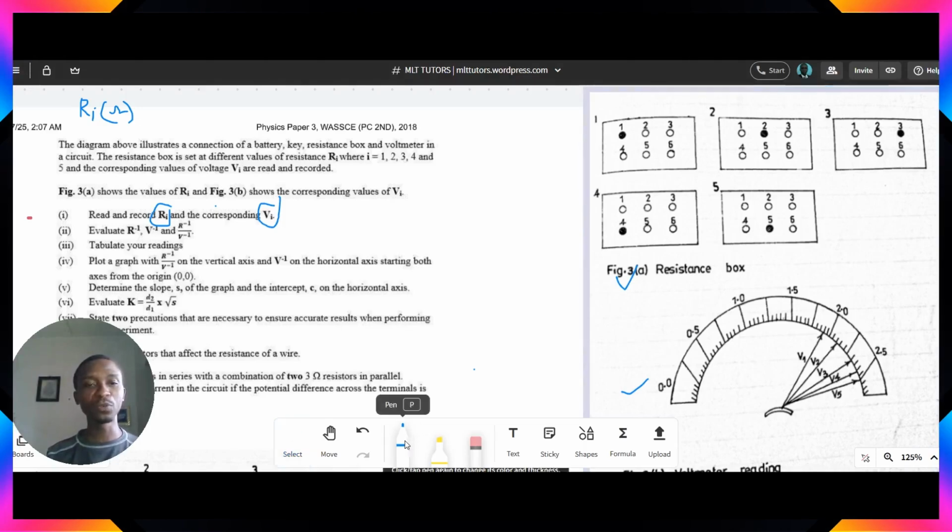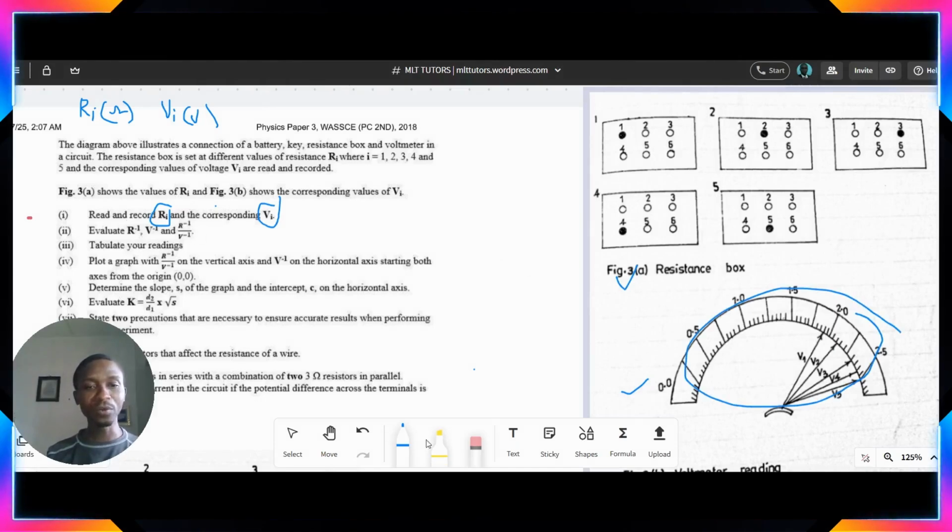Then we read the corresponding voltage Vi, in volts, from figure 3B. So we are done with Roman figure 1 of the question.